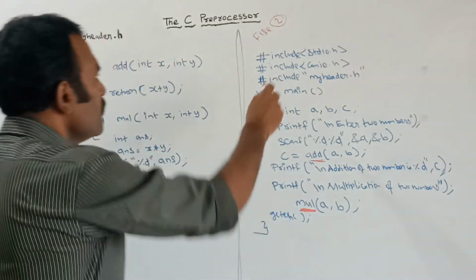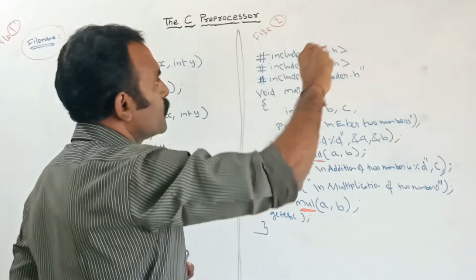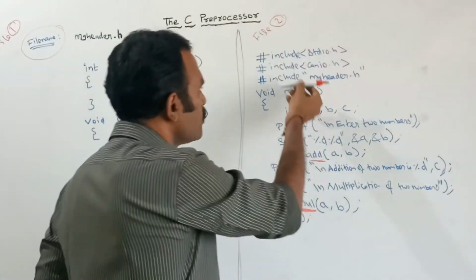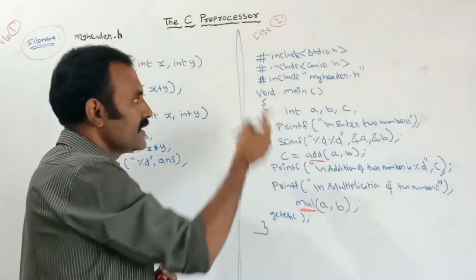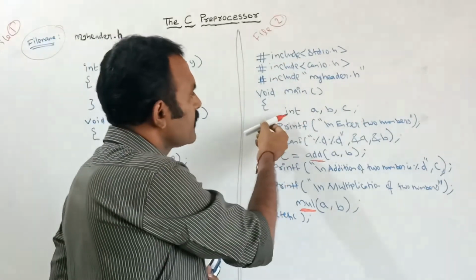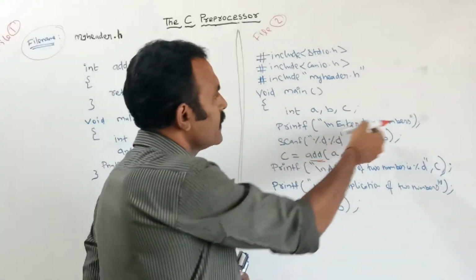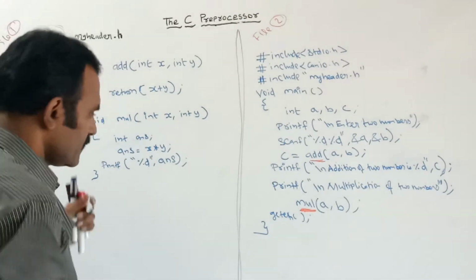This entire content will be included in the source code during the preprocessor time. Next, at runtime, after compilation, it will ask to enter the two numbers. Let us see how the output will display.